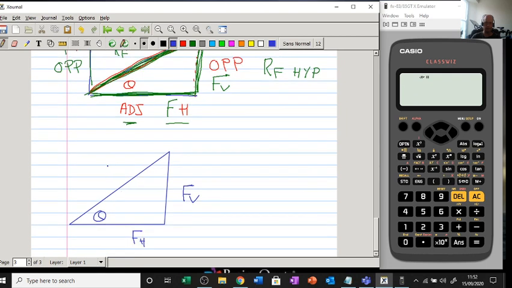This is going to be my resultant force. It's a force. So I know this force, and I know my angle. You need to know this, and you need to know this, to work out these. So don't forget, this is the hypotenuse.